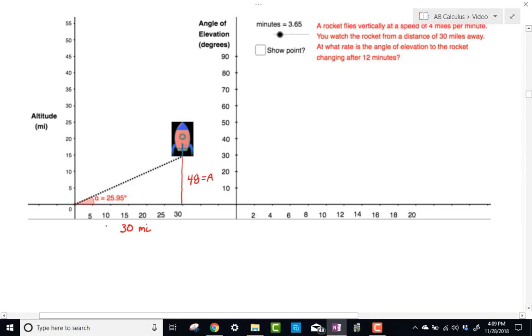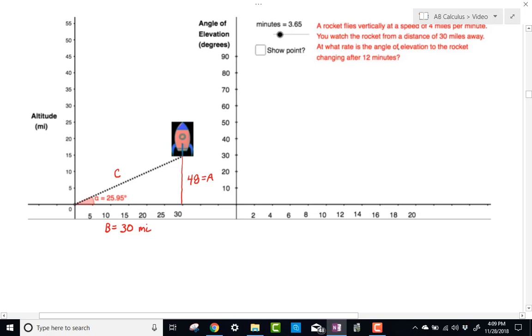What we have to keep in mind is which values are changing and which are not. Distance B is not changing, so I can plug that in. Distance A is constantly changing as the rocket flies north, so I cannot plug anything in for A at this point.